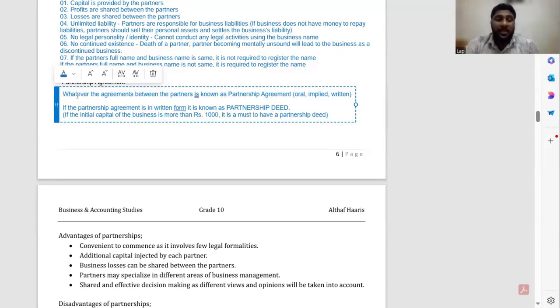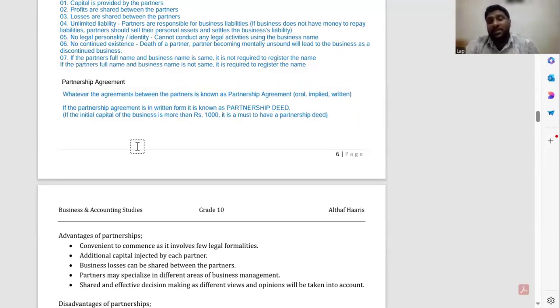If your initial capital is more than rupees 1,000, it is a must to have a partnership deed. You can't tell it from your mouth. There should be a written document for all the terms and conditions, for all the things that you have with your partners.